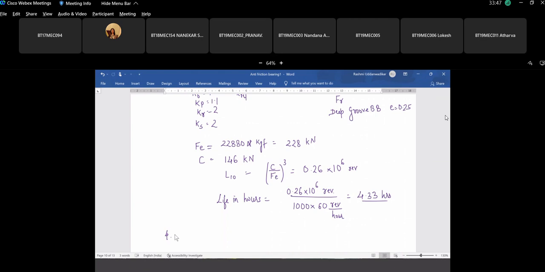A bearing designed for axial flow compressor running at 1000 rpm is to carry a radial load of 2.5 kilonewton and an axial load of 1.5 kilonewton.